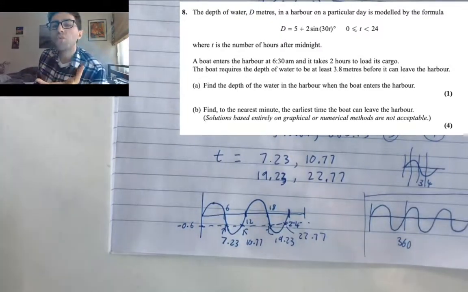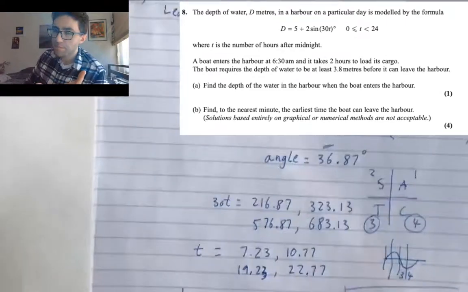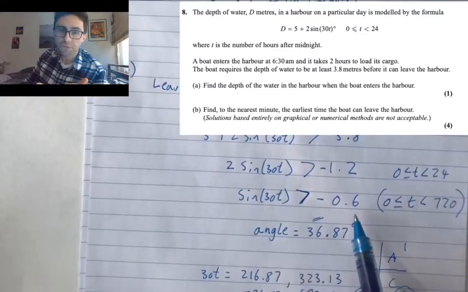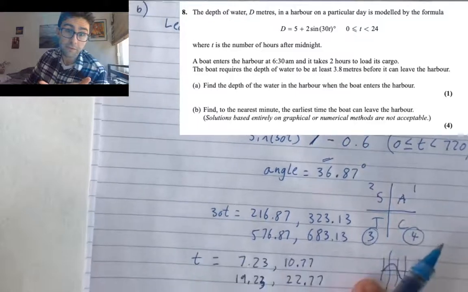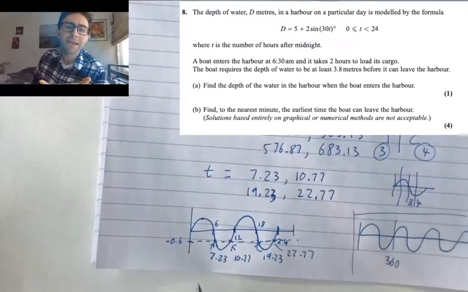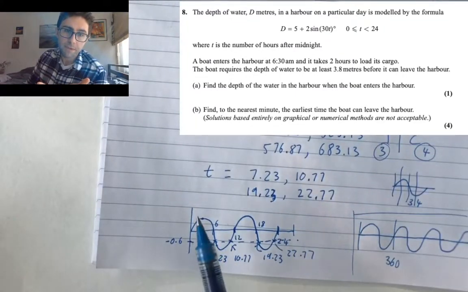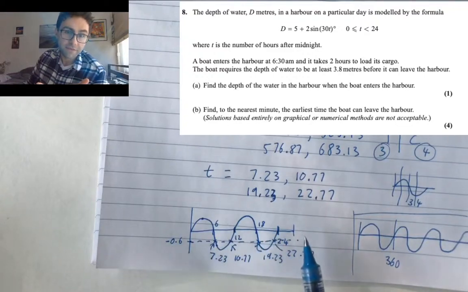This is the visual way of seeing what we've been up to. And that's the algebraic story. Sine 30t is bigger than minus 0.6 from 0 to 24. Here's the graphical way. Graph of sine 30t, line of minus 0.6.